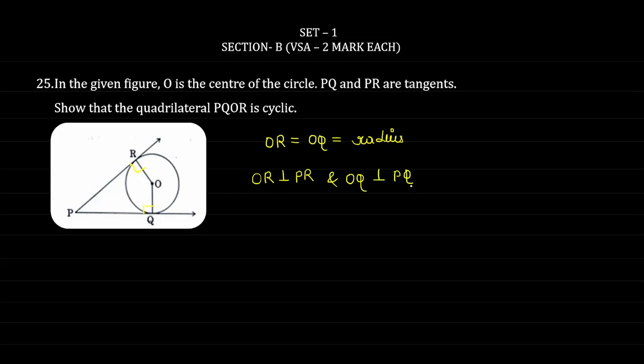Okay, so that can be visible from here. If that is the case, then we can write, therefore angle ORP is equal to angle OQP, that is equal to 90 degrees. Okay, both the angles here are equal to 90 degrees.